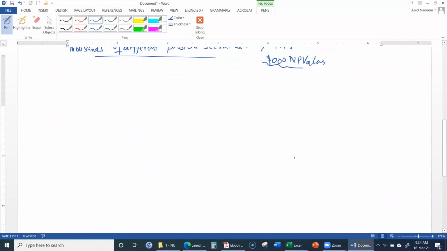So this is our assumption: we assume that the $25,000 annual benefit varies in a normal distribution.